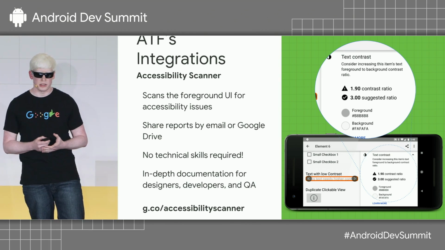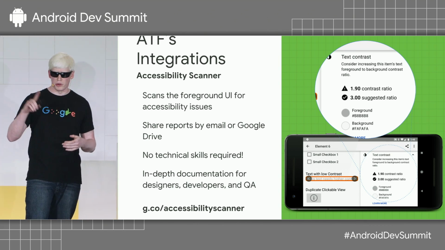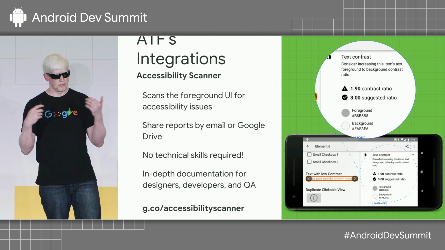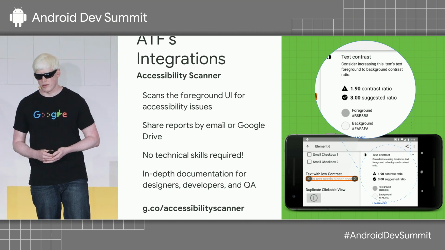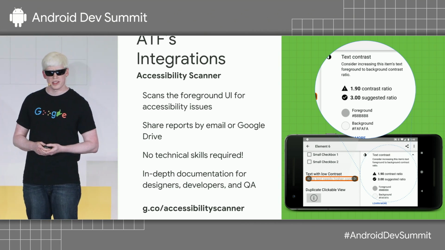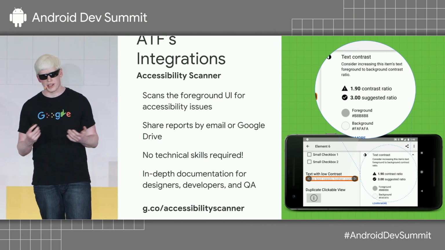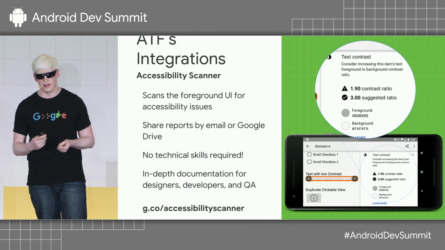And the way it works is essentially you install Accessibility Scanner, you turn it on, it will add a floating button globally to the device's screen. You'll open up your application, navigate to the UI that you'd like to evaluate, and just tap the button. And what you see is essentially a report that describes the ways in which you can improve that UI for accessibility. And again, these will mirror the same types of issues that ATF and Espresso and Roboelectric can identify as well.